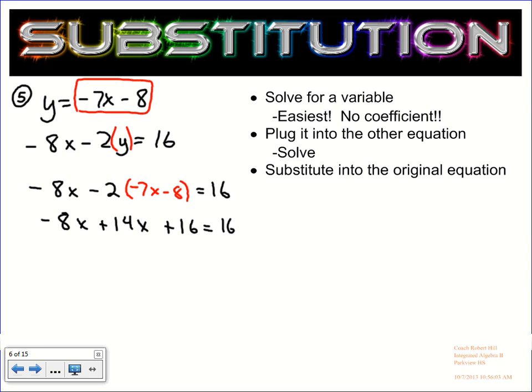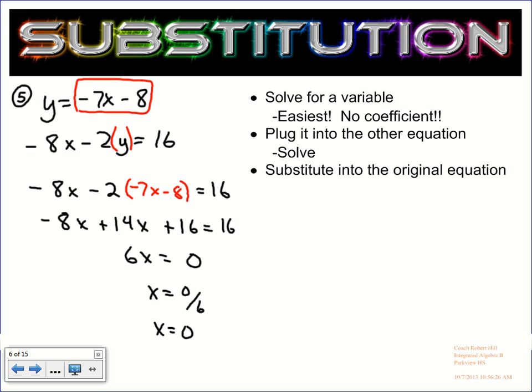What number is this? 5 or 6? Okay, so now what I have, negative 8x plus 14x is 6x. When I subtract 16 to the other side, that gives me 0. So x equals 0 divided by 6. Guys, 0 divided by 6 is 0. So that means x equals 0.